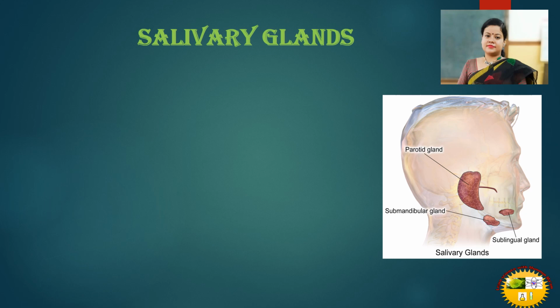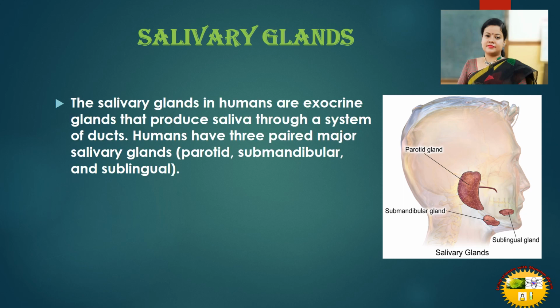First of all, salivary gland. The salivary glands in humans are exocrine glands that produce saliva through a system of ducts. You might be thinking, what is an exocrine gland? Exocrine glands are those that release their secretions through a system of ducts.